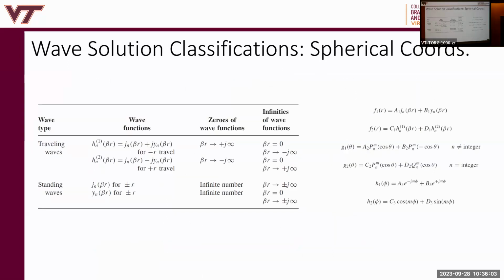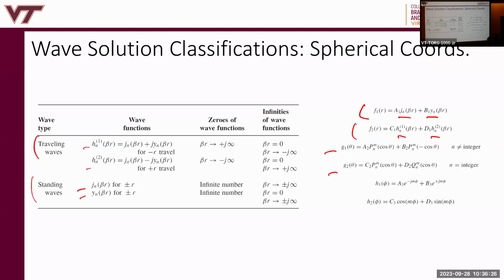So in spherical coordinates, we have traveling waves and standing waves. The traveling waves are the spherical Hankels, and the standing waves are the spherical Bessel functions. We can construct solutions F1 and F2 as either a standing wave set or a traveling wave set. We can have standing waves only in theta, right? Because nothing leaves the coordinate system in the theta direction.